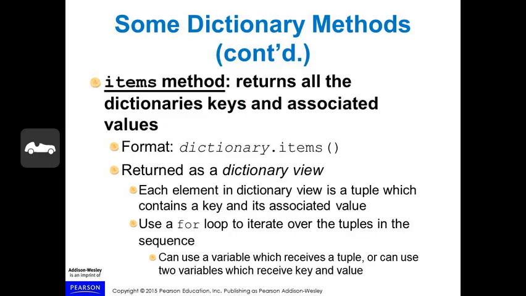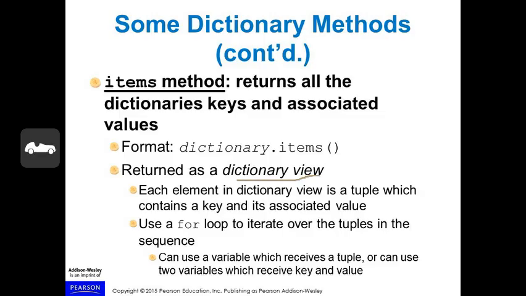The next method is the items method, which returns all of a dictionary's keys and their associated values. They are returned as a special type of sequence known as a dictionary view. This is a type of sequence. And each element in the dictionary view is a tuple.